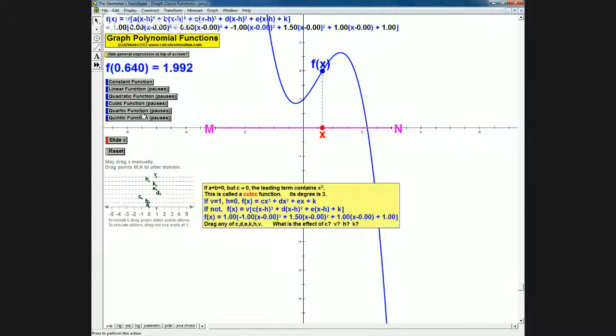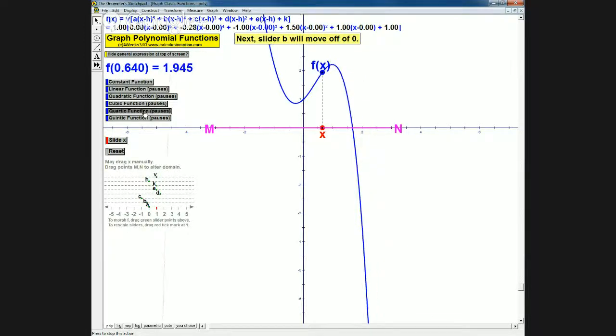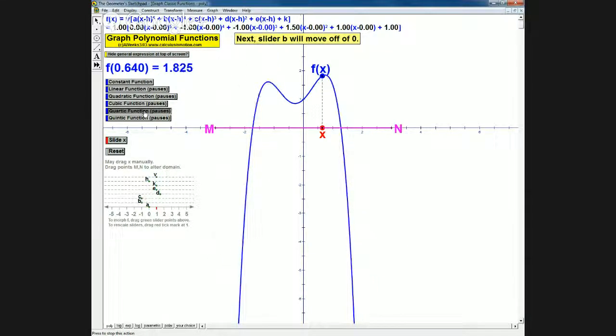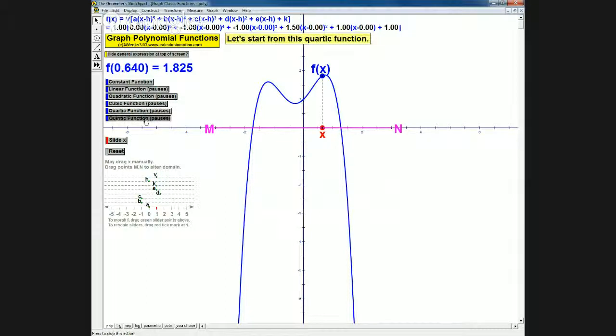So the cubic is, what does a quartic look like? It's a letter W. It's a W, right? Or an M. This is a negative x to the fourth. And then a quintic, again, is going to look like a cubic. It's just going to have an extra bump most of the time.